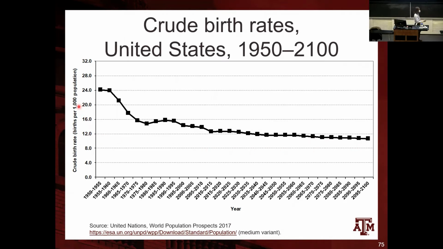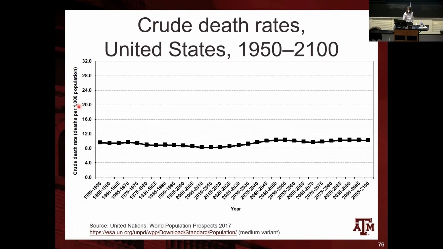So for every 1,000 people in the US nowadays, you have around 12 births happening in the society, in the country.